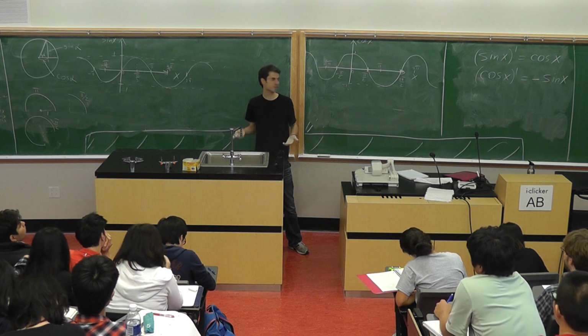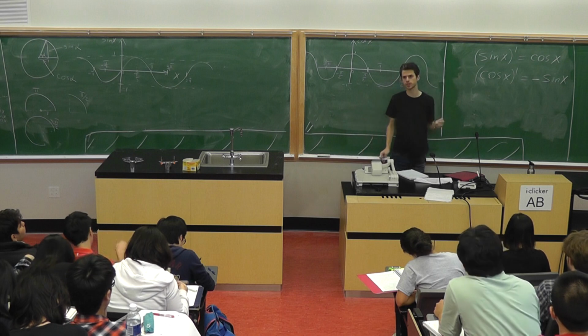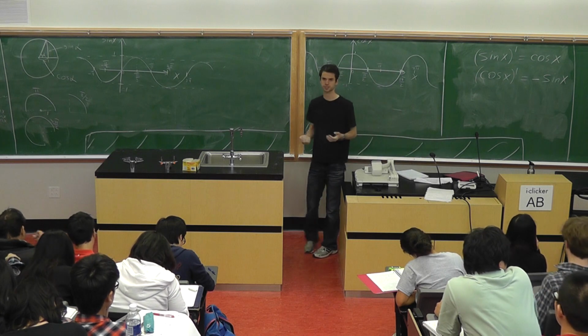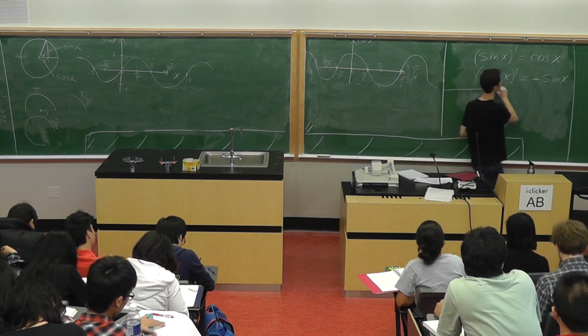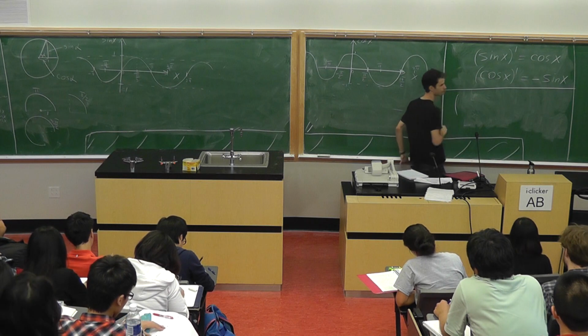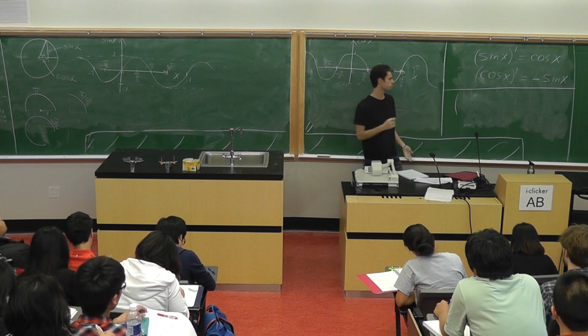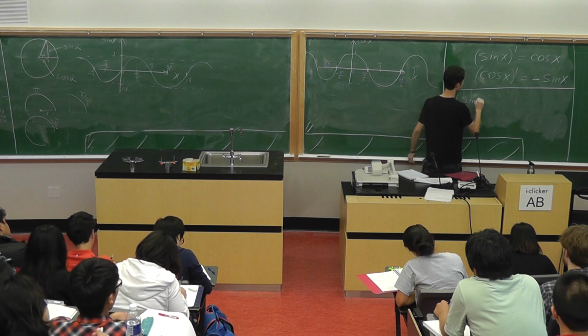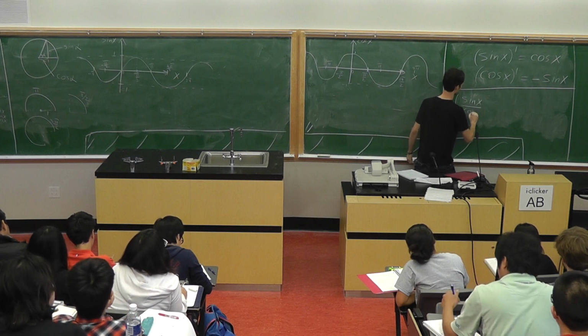Once again, once we know such formulas, we can compute lots of other things. For instance, if you want to find the derivative of the function called tangent, it's sine over cosine. So what is the derivative of sine of x over cosine of x?